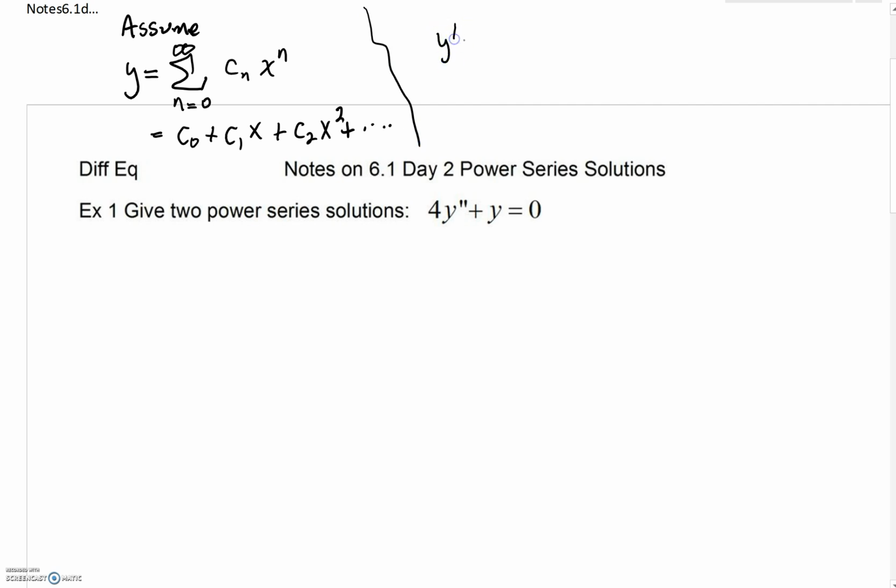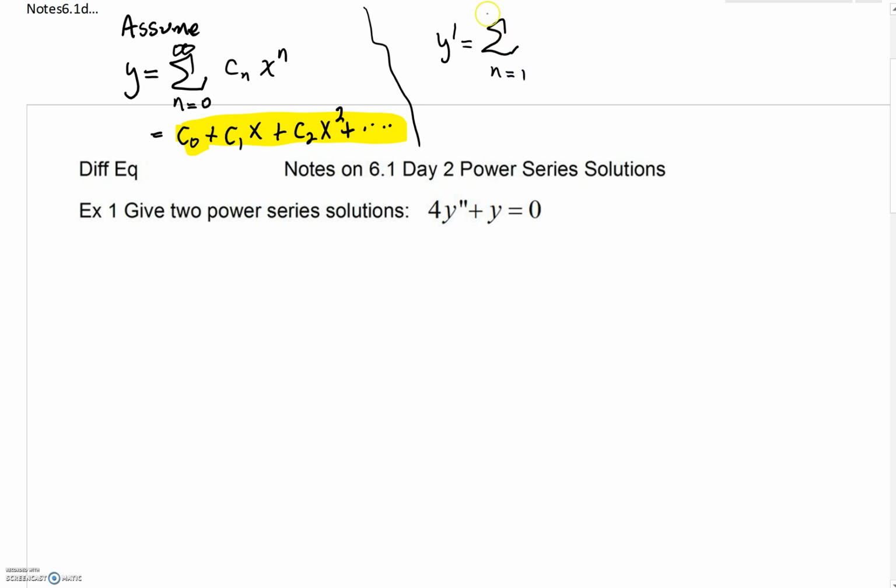Well, if we took our derivative, I just want to remind you, and this is something that we saw in BC calculus just as well, when your series is starting with a constant like this, you take your derivative, you lose that constant. And then as you take a derivative term by term, you'd have c sub 1 plus 2 c sub 2 x and so forth. We've talked about that in the past.